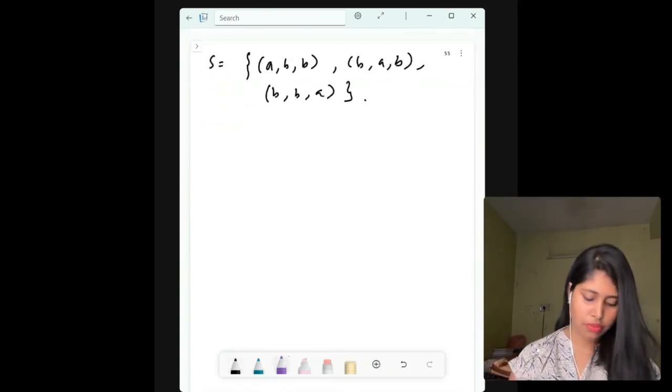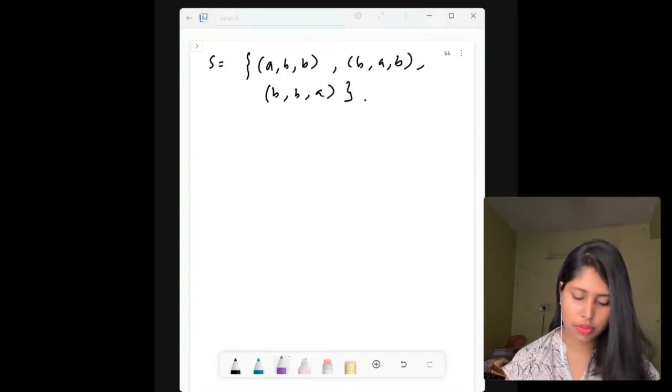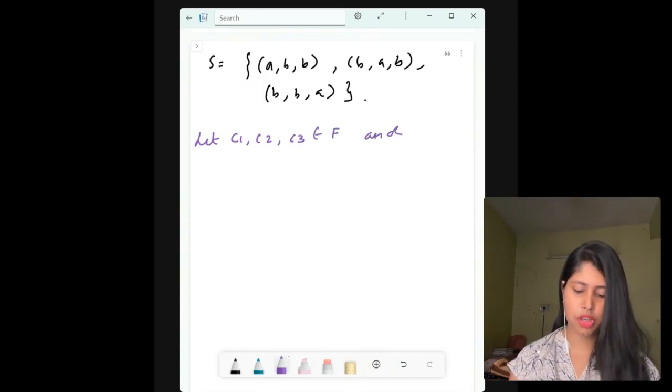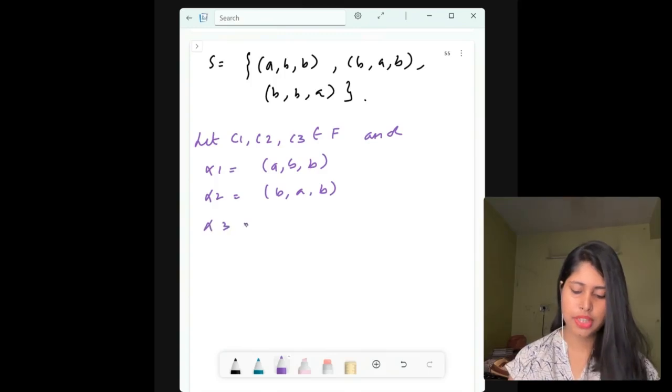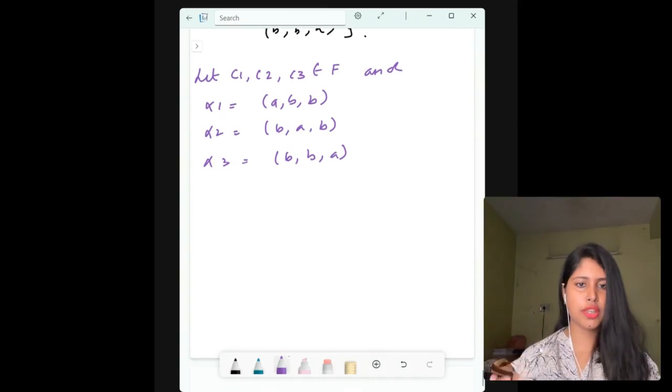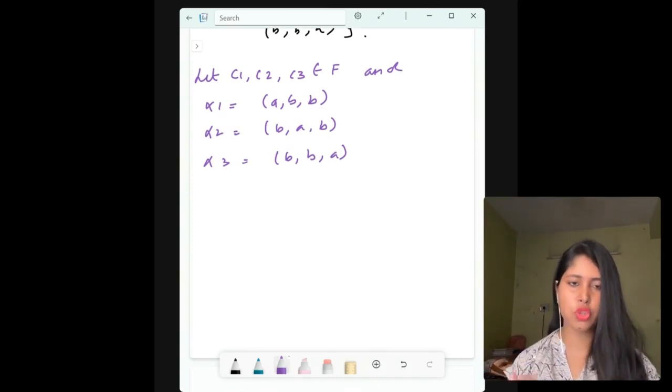So see, for this question, let C1, C2 and C3 belong to F, and here alpha 1 will be (a, b, b), alpha 2 is (b, a, b), and alpha 3 is (b, b, a). Okay, and if I do the system of linear equations, then it will be equals to theta. So let me write it. What is the condition?